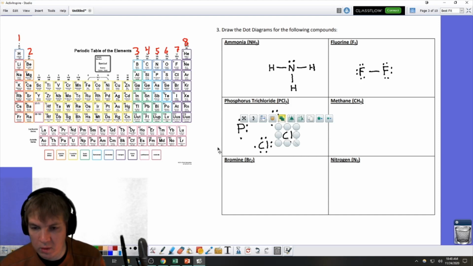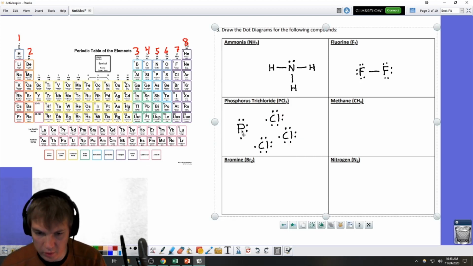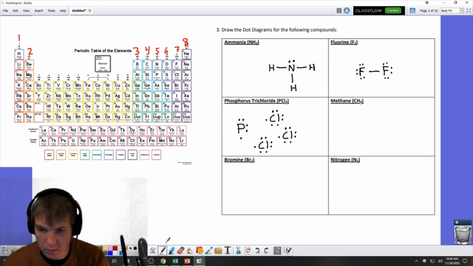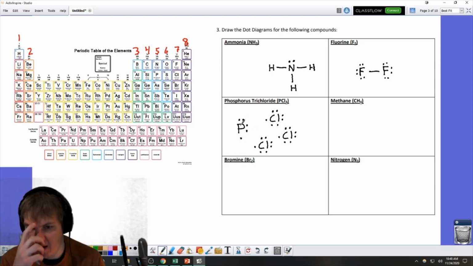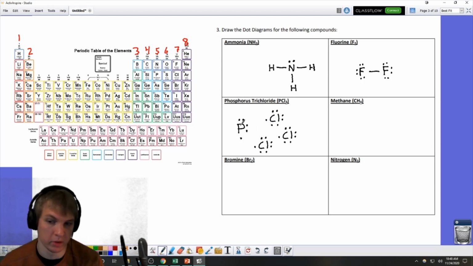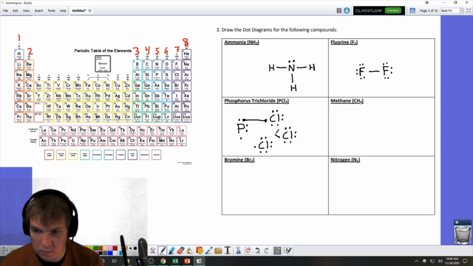Okay, so now that we have these 3 chlorines, these chlorines have 7. They only need 1 each in order to satisfy their octet rules. The phosphorus has 5 and it wants 3 more in order to satisfy its octet rule. So what you can predict is that the phosphorus is going to match up with each chlorine. So something like that.